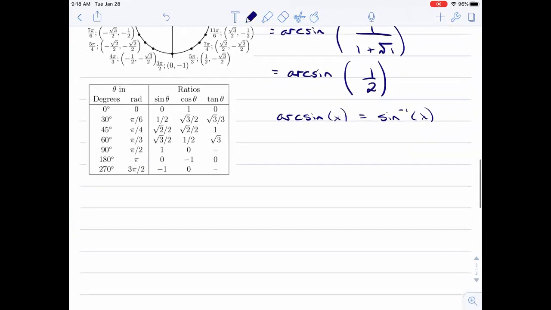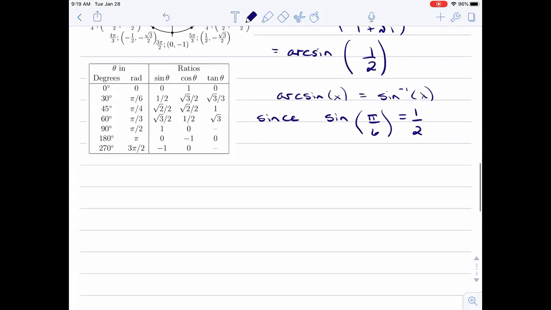And so since the sine of pi over 6 is equal to 1/2, our answer to the inverse sine of 1/2 is pi over 6. So the inverse sine of 1/2 is pi over 6. Right? And so we're here.